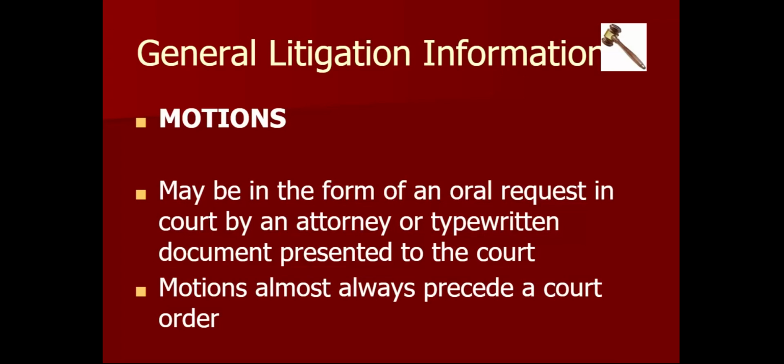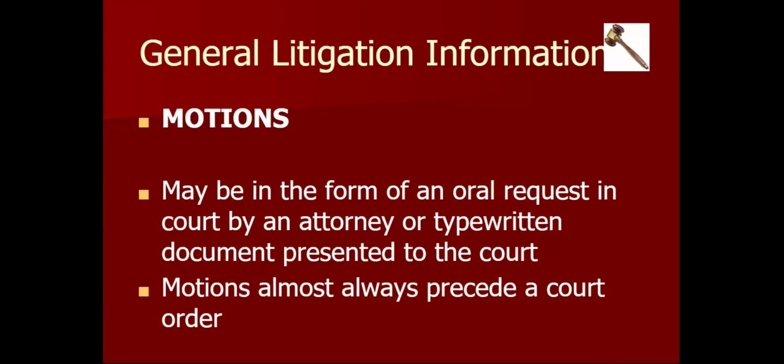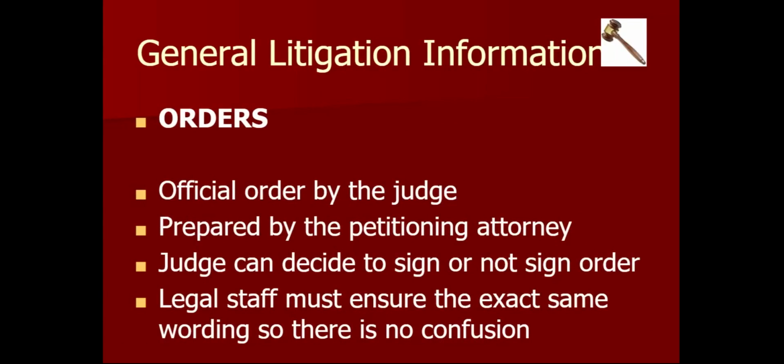Once these have been presented, the judge will rule in favor or against the party that has submitted the motion. And if they rule in favor of, this becomes an order. It's an official order by the judge. It's prepared by the petitioning attorney. So the petitioning attorney is the attorney that's filing the motion or requesting that the order be granted.